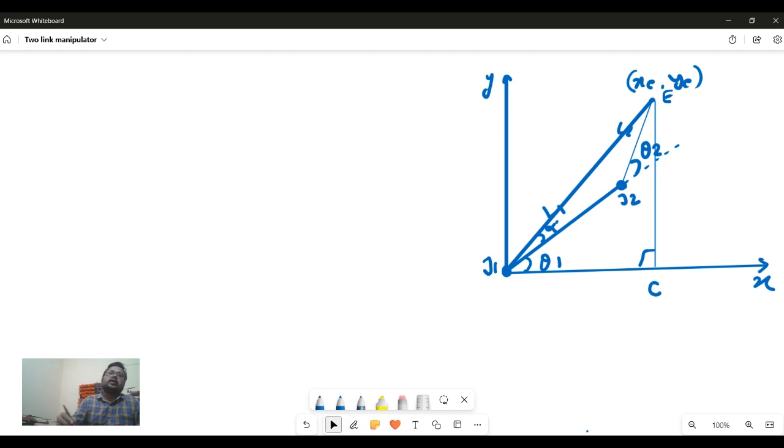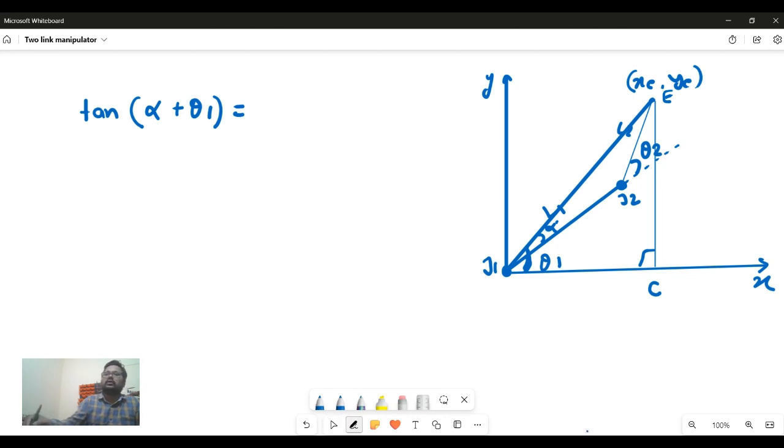So you can use trigonometric relations to find the relation between this perpendicular and base. Perpendicular upon base can be written as tan of this complete angle, because we are considering this right angle triangle. So this complete angle will be alpha plus theta 1, equal to this perpendicular, which will be ye.